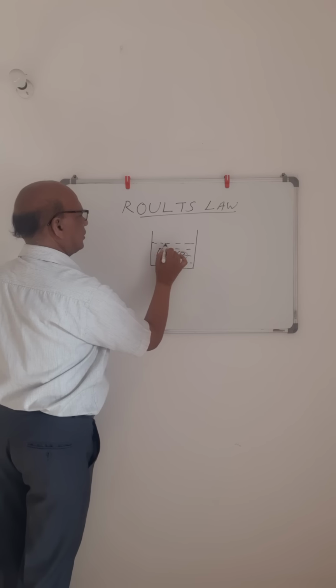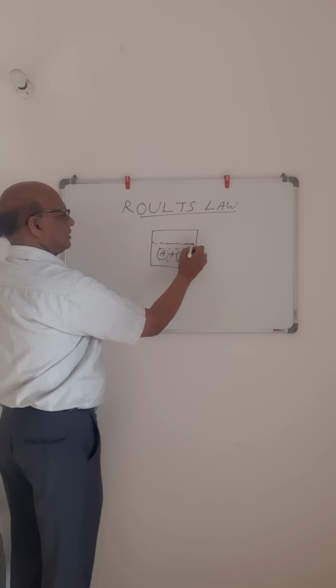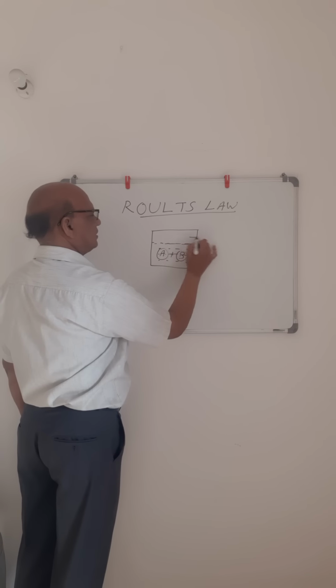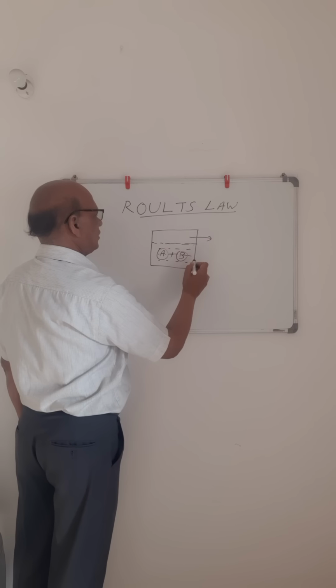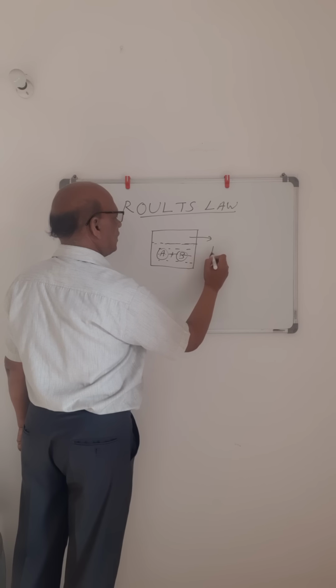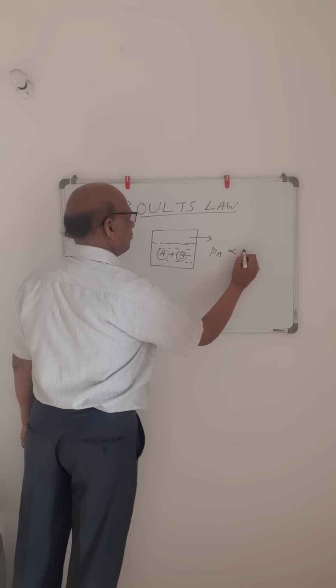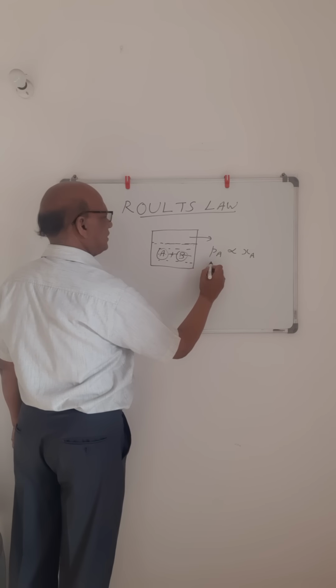Okay, in a closed vessel, whatever vapor pressure will be exerted by this solution is determined by Raoult's law. As per Raoult's law, the partial vapor pressure of A is directly proportional to its mole fraction in the liquid phase, that is XA.